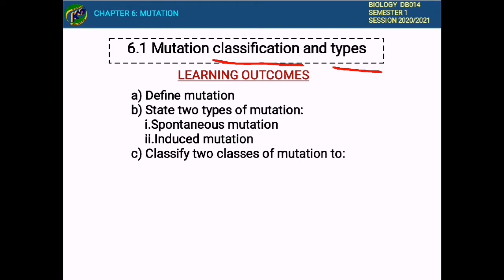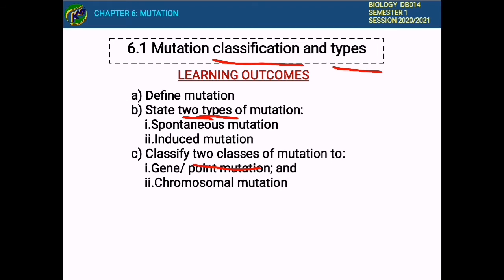Then classify two classes of mutation. Here we have two types and also two classes. For classes we have gene mutation, also called point mutation, and we have chromosomal mutation. Then define mutagen, and the last one is to state types of mutagen.